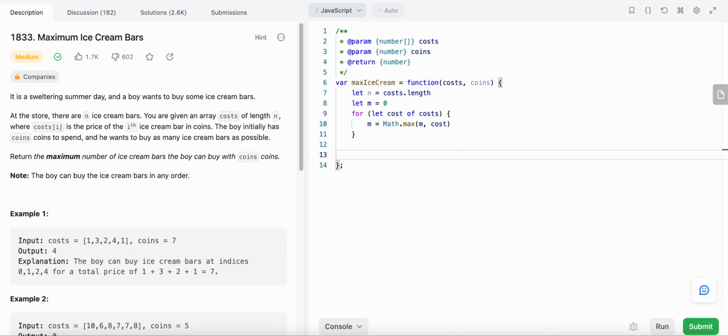Once we have the maximum value, that will be the limit, that is the size of our frequency array. So cost frequency is an array of size m plus 1, and we will fill all the values with 0. And now we fill the frequencies out.